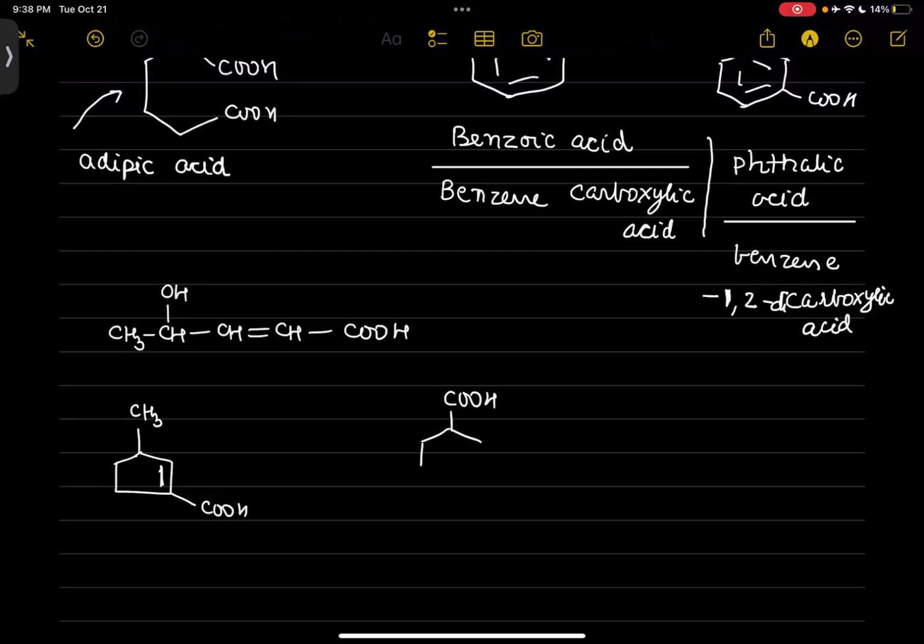Now, what is the IUPAC name of these three carboxylic acids?